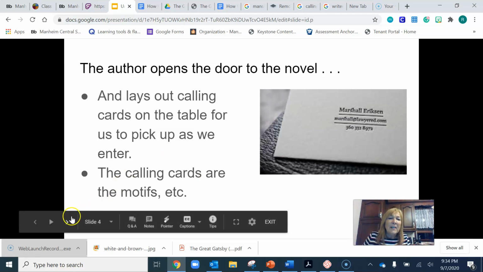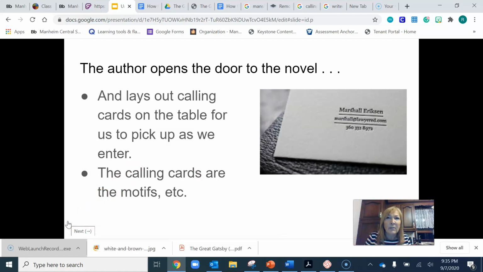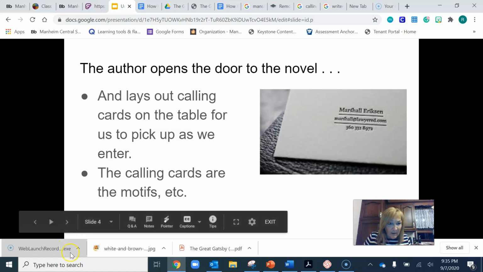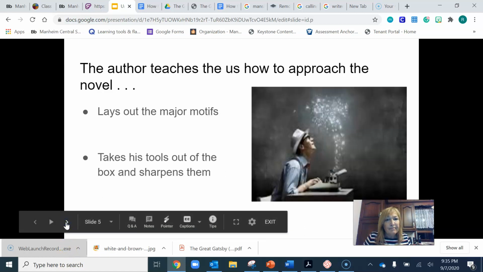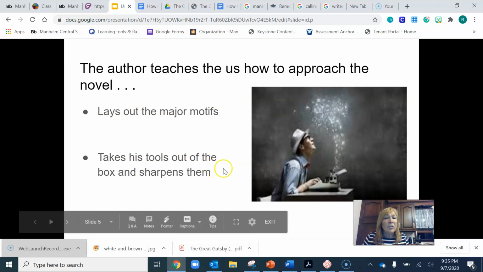We might even extend this to say that these motifs are like breadcrumbs, to go to the Hansel and Gretel fairy tale, that the author is leaving for us to pick up as we read the novel. So the author teaches us how to approach the novel. They lay out major motifs, take their tools out of the box, and sharpen them as well.